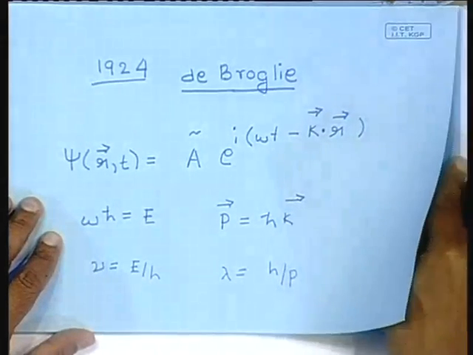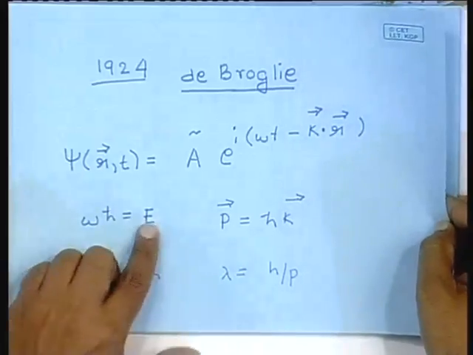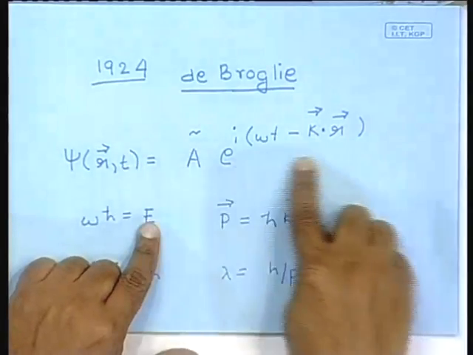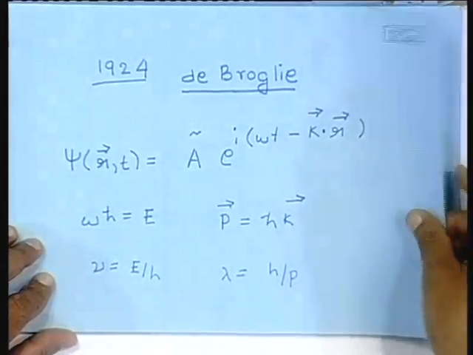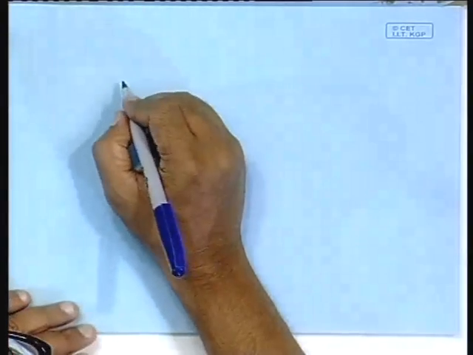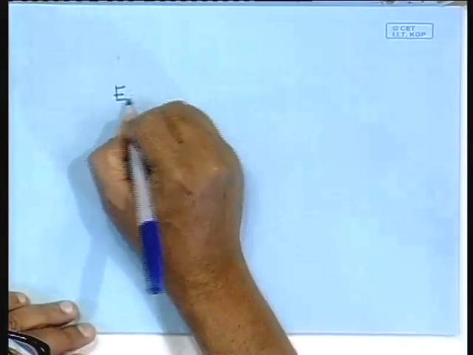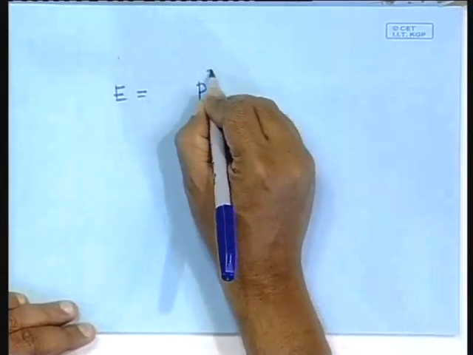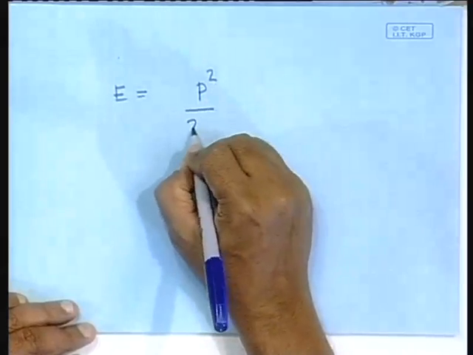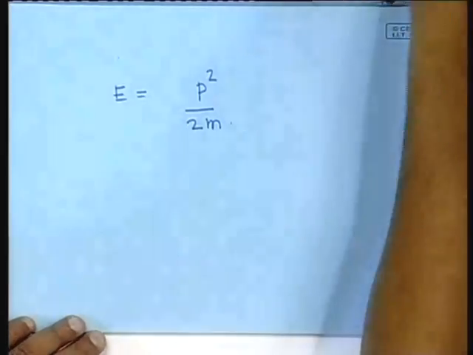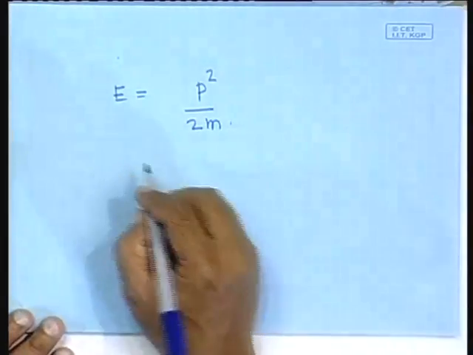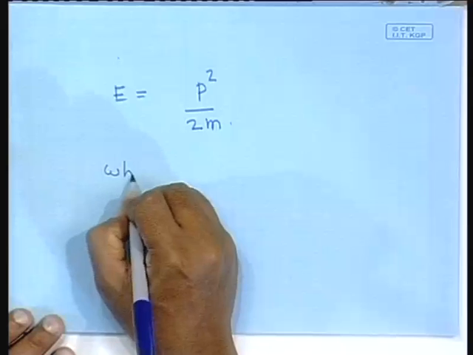So, we know that the energy and the momentum for such a particle have a relation. So, let me write down the relation between the momentum and the energy. If the particle is non-relativistic, if it is moving slowly, we know that the energy E is p square by 2m, and the energy is related to the angular frequency of the wave as omega h cross.